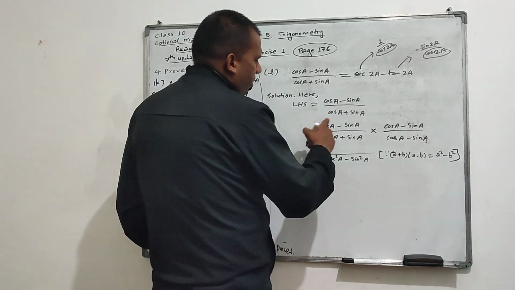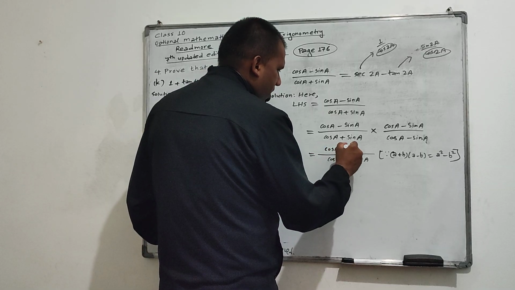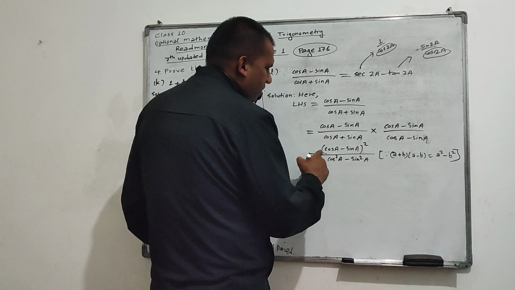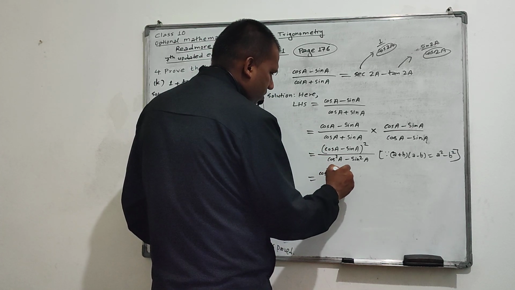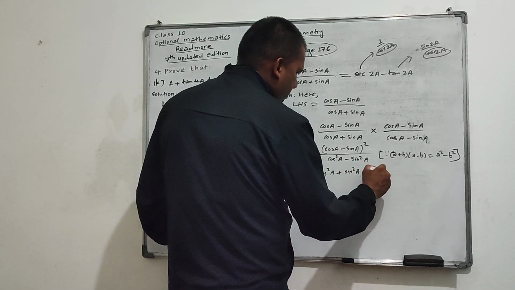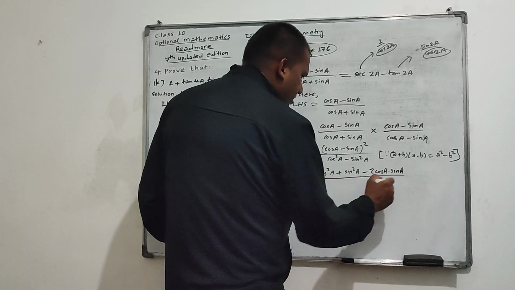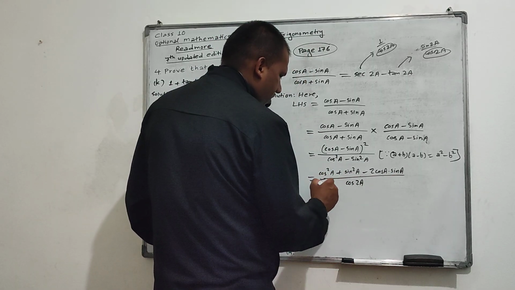Upper part, cos A minus sin A times cos A minus sin A, that is cos A minus sin A whole square. Now this is in the (A minus B) whole square form, using the formula A square plus B square minus 2AB, whole upon cos square A minus sin square A, that is cos 2A.